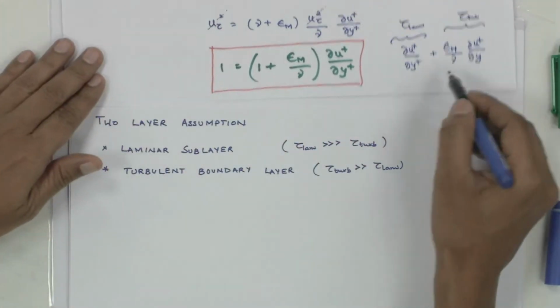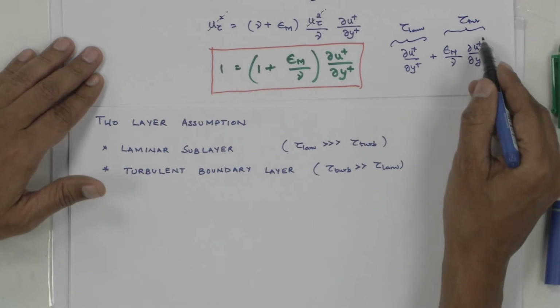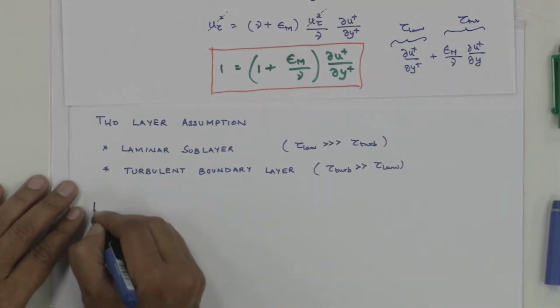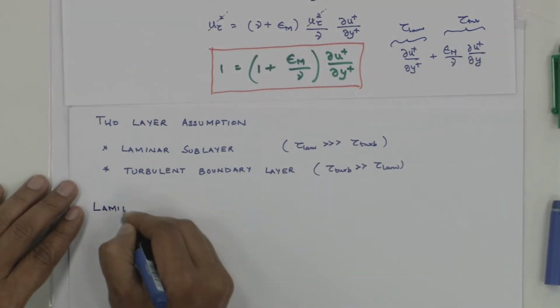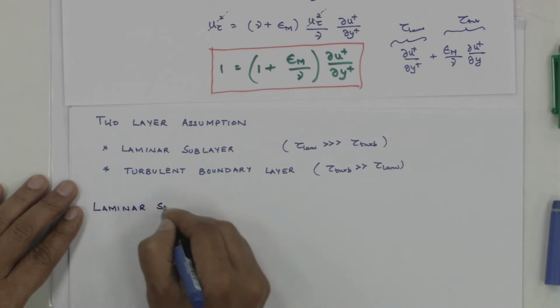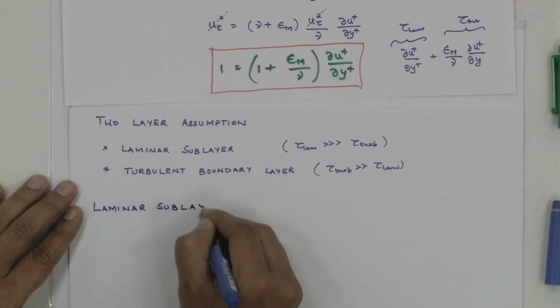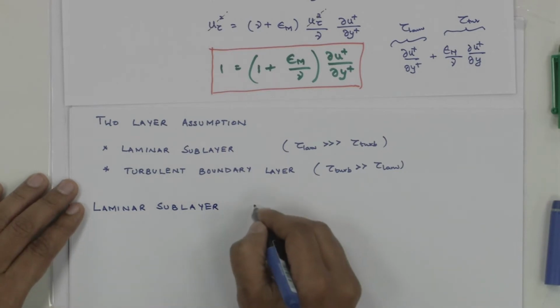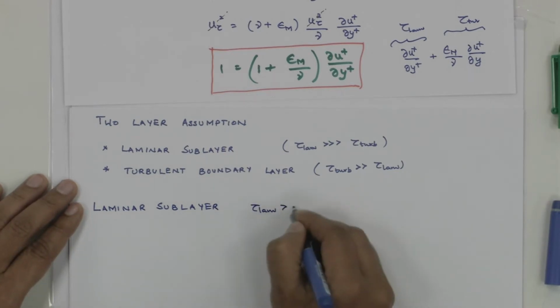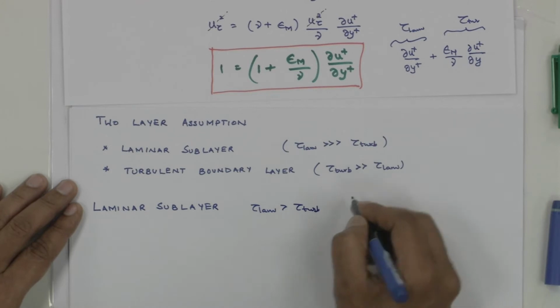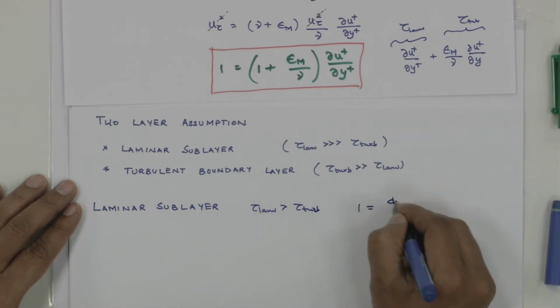So in the viscous sublayer I can neglect this component. In the laminar sublayer, tau laminar is greater than tau turbulent, which implies that 1 is equal to du plus by dy plus.